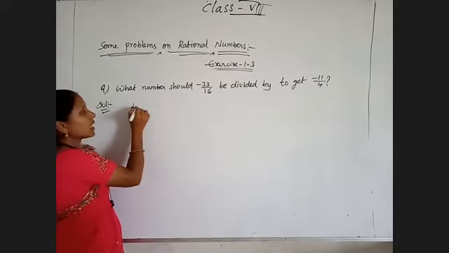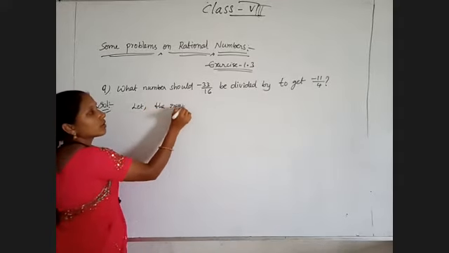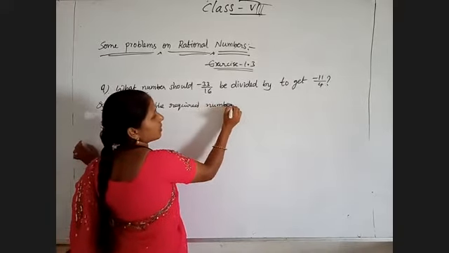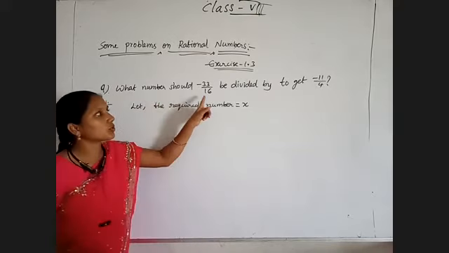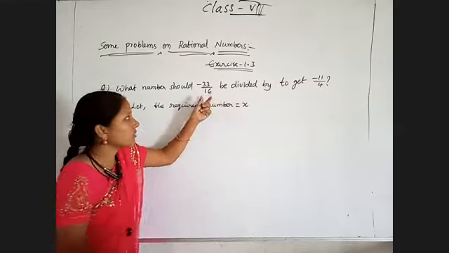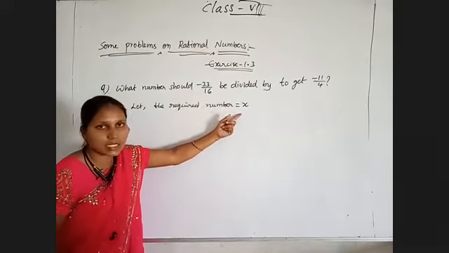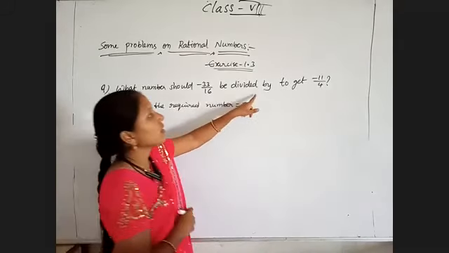So first of all, let the required number be equal to x, first step. So what number should be divided? That means we need to divide by x to get the result minus 11 by 4.